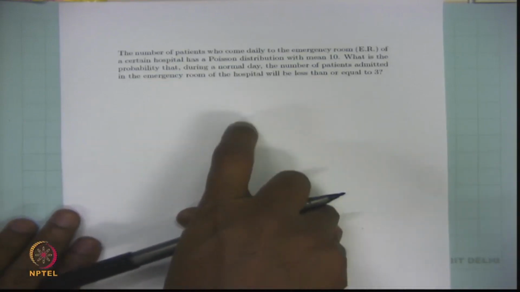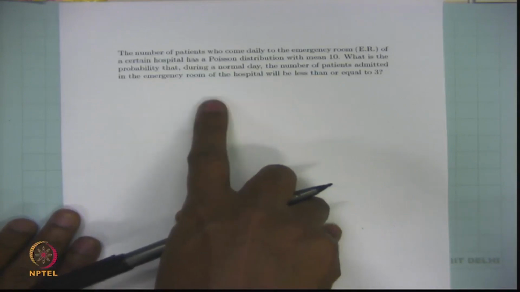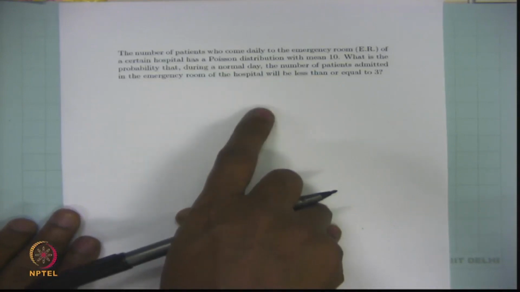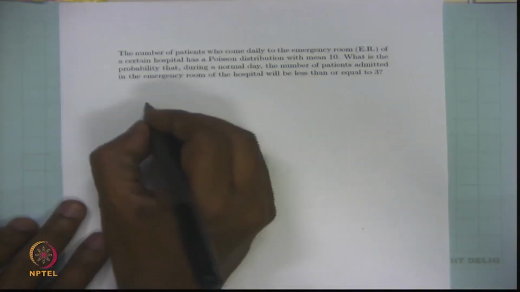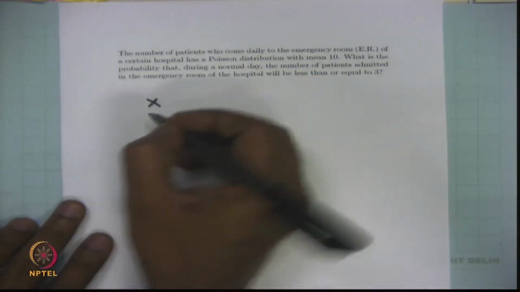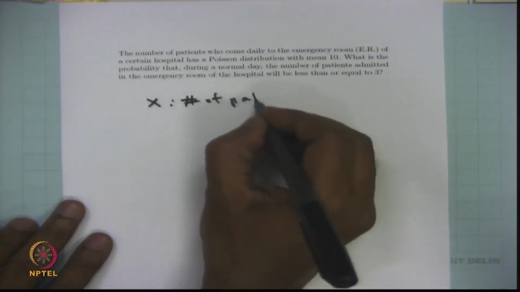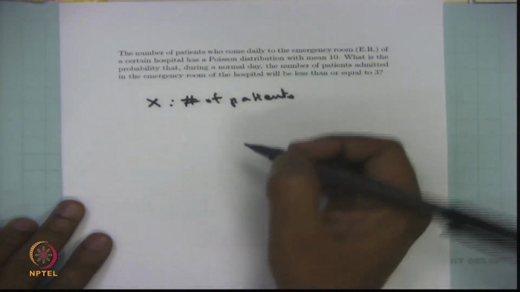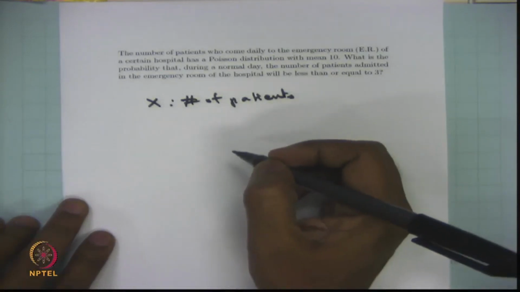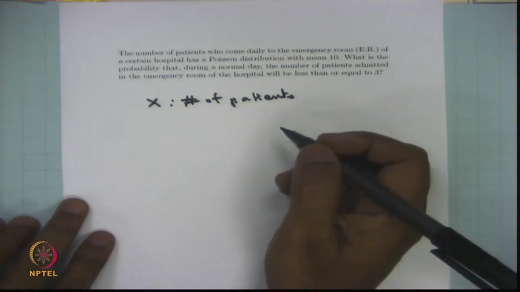Since the assumption of a Poisson distribution is already made, you can immediately create a random variable X, the number of patients who come daily to the emergency room.